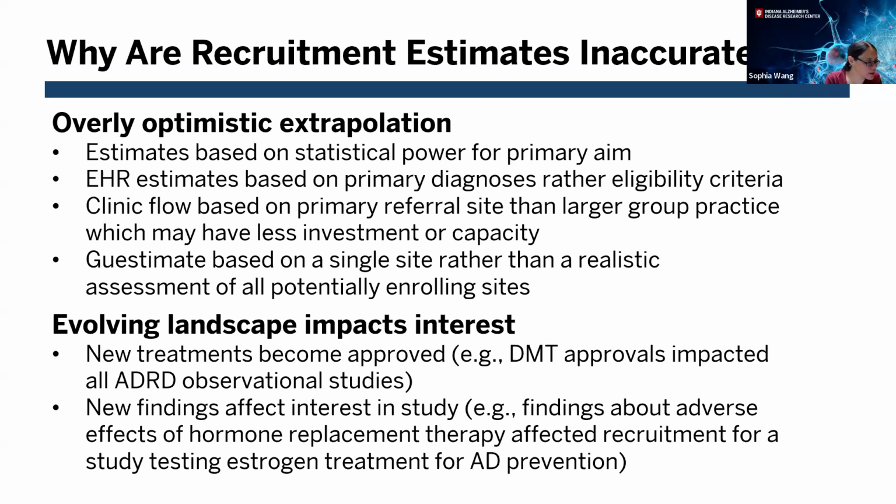So this is something that is probably better to refer to than to read through right now, which is thinking about why recruitment estimates are inaccurate. If you're not getting the numbers that you expect, there's some sort of reason. I find people are either overly optimistic or something has changed, right?